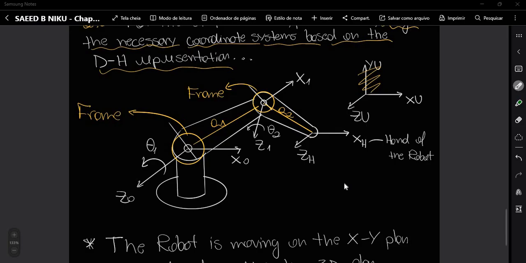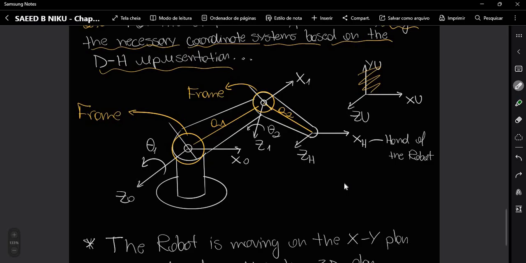So let's say, for example, right here in the factory, we can attach a tool to grab some object, and this object is at a certain distance from this tool, so we need to program the distance from the end effector, the hand of the robot, to the object.